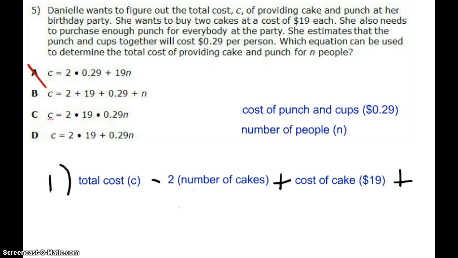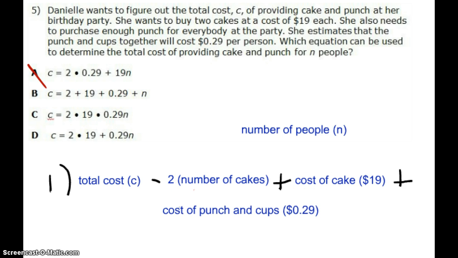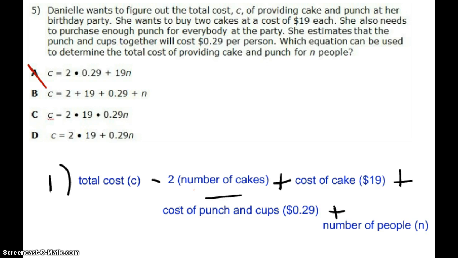Plus the cost of the punch and cakes plus the number of people. Is that correct? Am I adding 2, which is supposed to be the number of cakes, to the cost of the cakes? No, because that would be like $2 plus $19. I shouldn't be adding everything together, so B is not the correct answer.